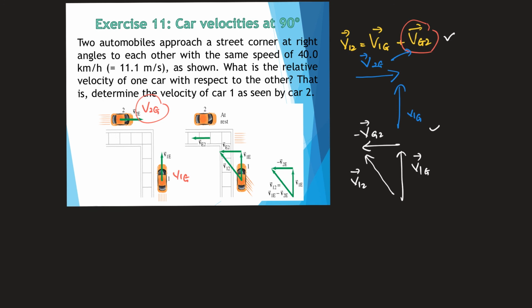Now the question asks you to find the velocity. Because the two are in perpendicular directions, one is x, one is y, we are going to use Pythagoras theorem.